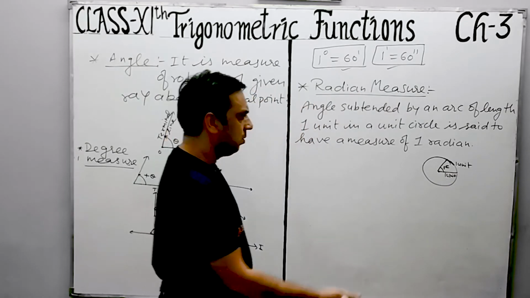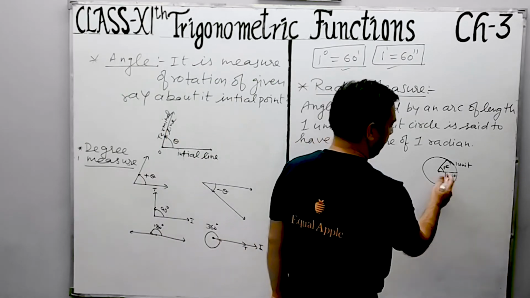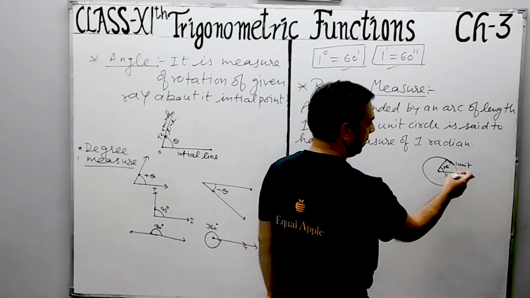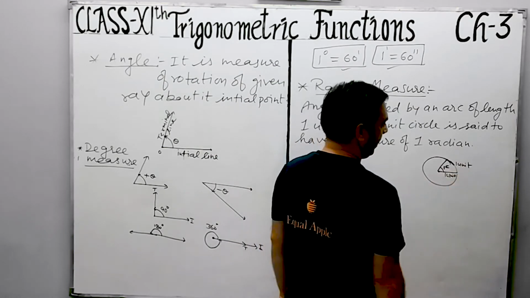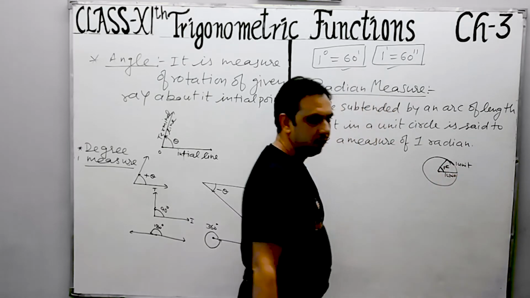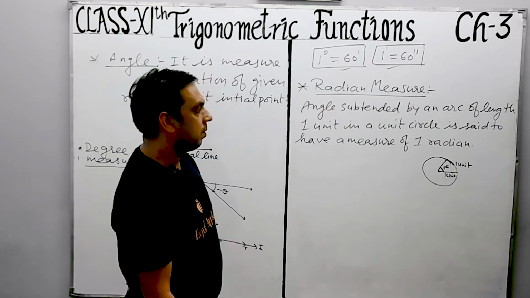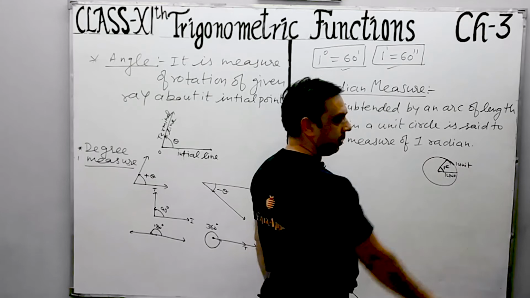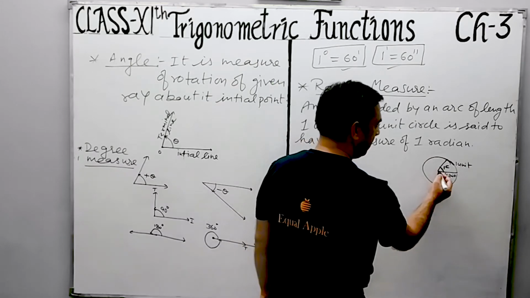So by this you can understand, if we have any length of radius like 1 unit, 2 unit, 5 unit, and the length of an arc is equal, then it makes an equal angle at the center. We are aware of the theorem from class 9, that equal arcs subtend equal angles at the center.